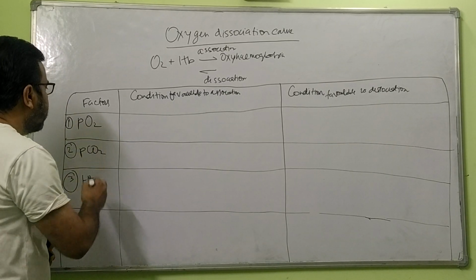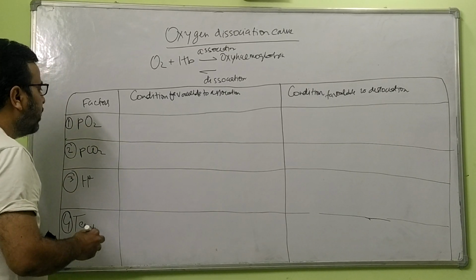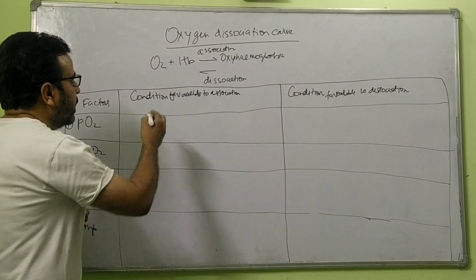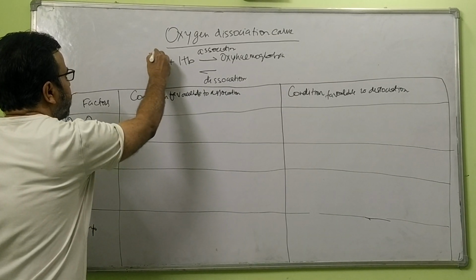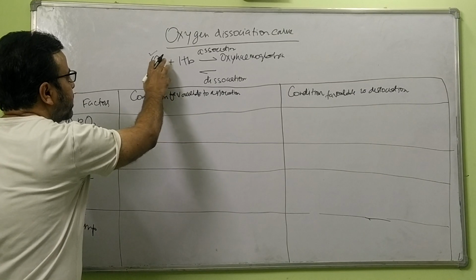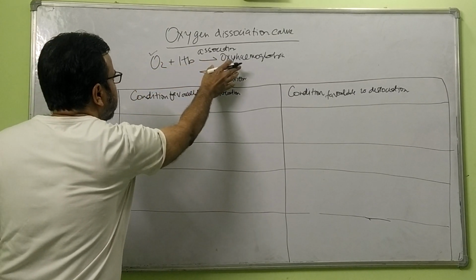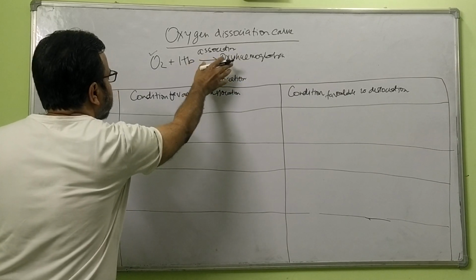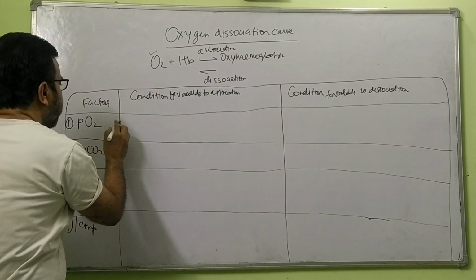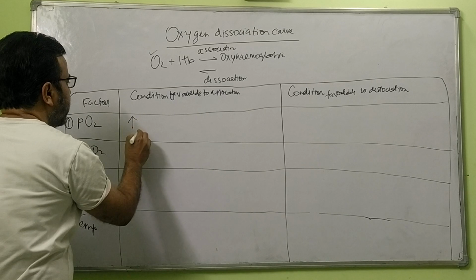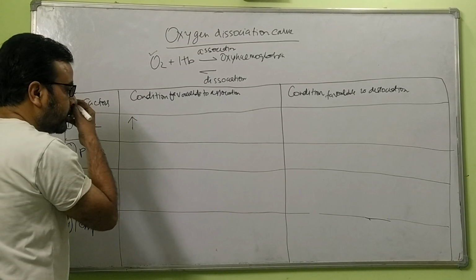The first factor, PO2: if the partial pressure of oxygen is more, this more reactant will lead to more formation of oxyhemoglobin, or association reactions. So increased partial pressure of O2 is a factor favorable for association.